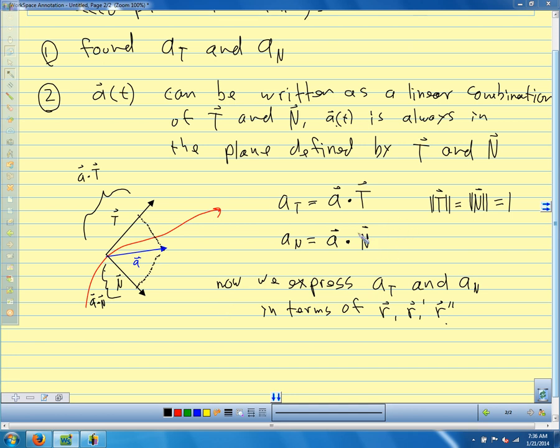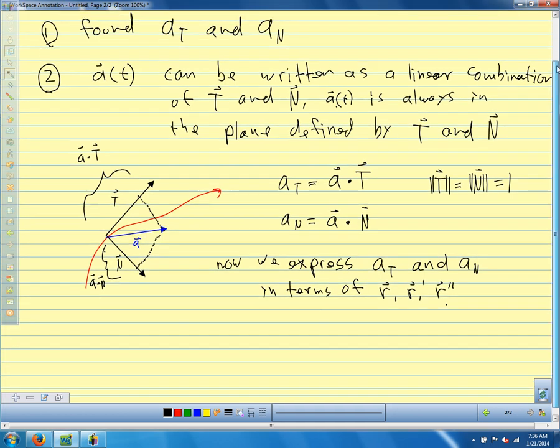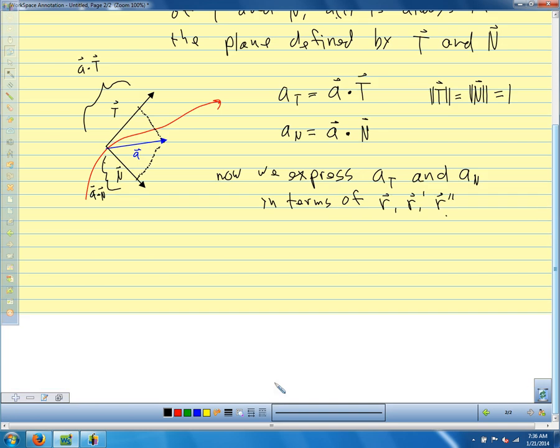And then what we're going to do, and I'm not going to go through the derivations in class, is look at three quantities. We look at the velocity dot the acceleration.